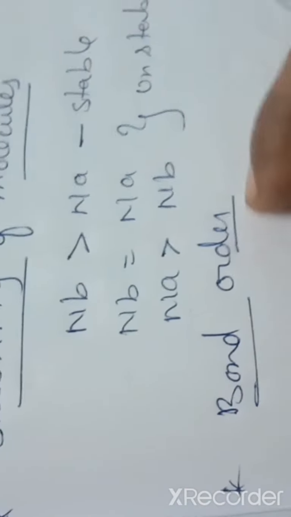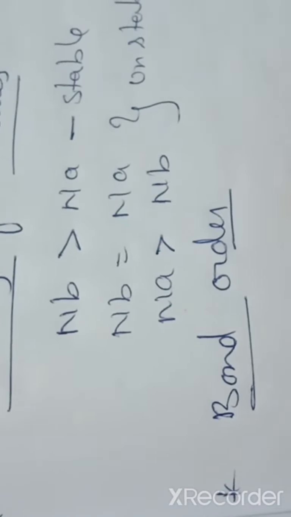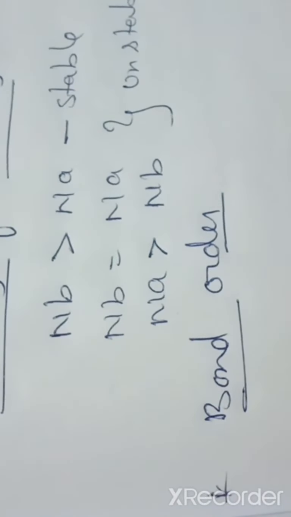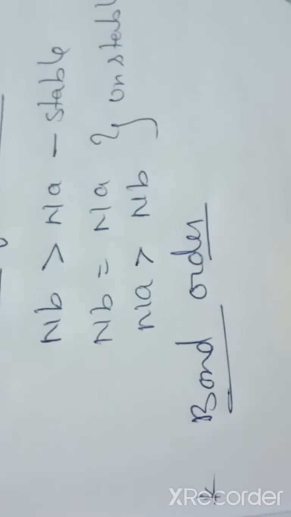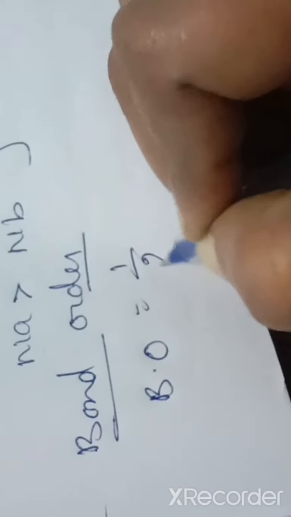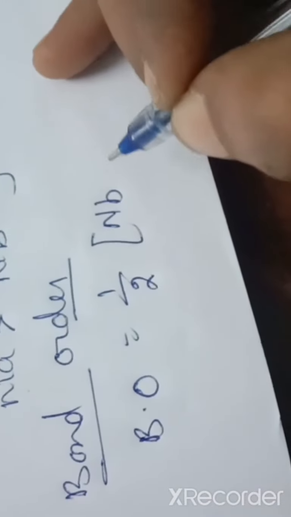Bond order is defined as one half of the difference between the number of electrons present in bonding and in anti-bonding orbitals. That means bond order equals 1 by 2 times the number of electrons present in bonding orbitals minus the number of electrons present in anti-bonding orbitals.